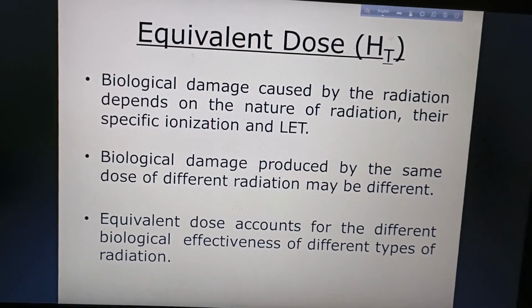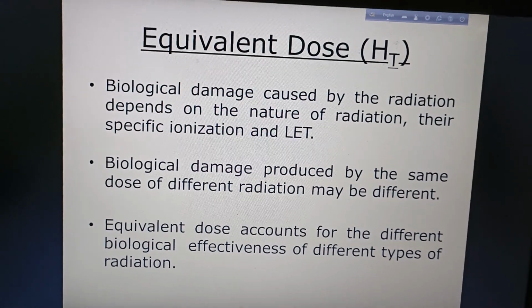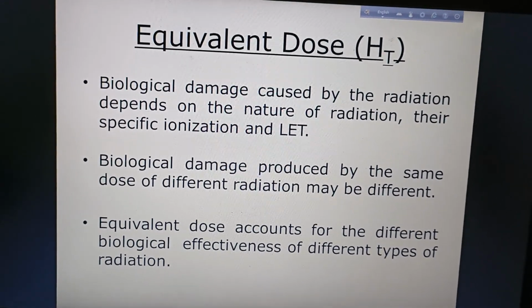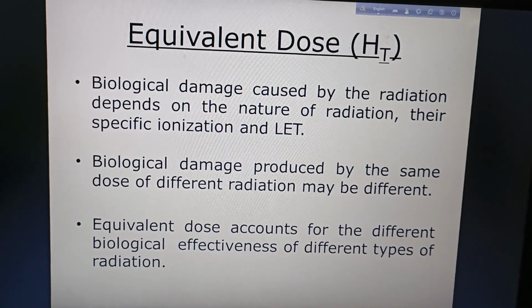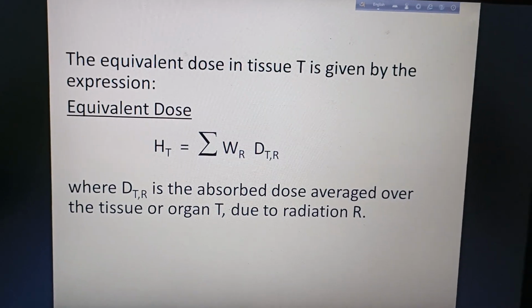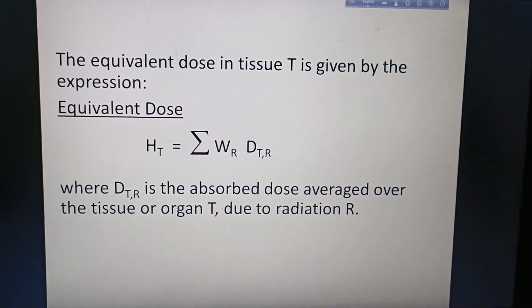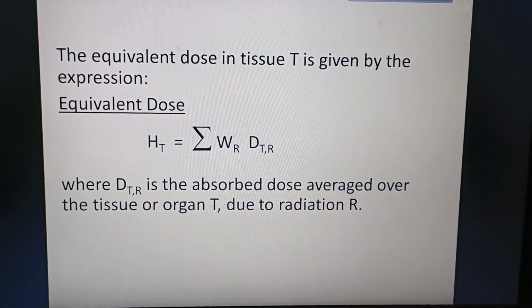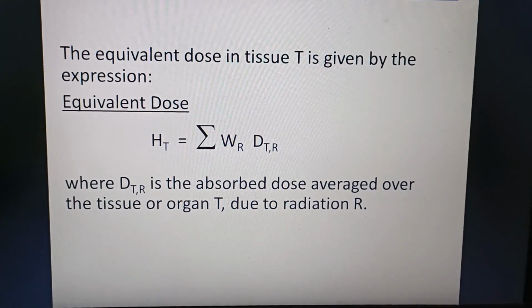Biological damage produced by the same dose of different radiations may be different. Equivalent dose accounts for the different biological effectiveness of different types of radiation. The radiation dose in tissue T is given by the expression equivalent dose HT = summation over R of WR DTR, where DTR is the absorbed dose averaged over the tissue or organ T due to radiation R.